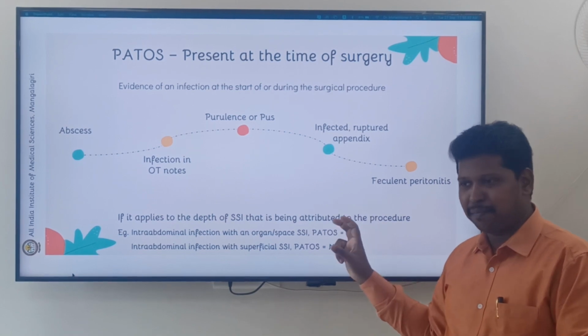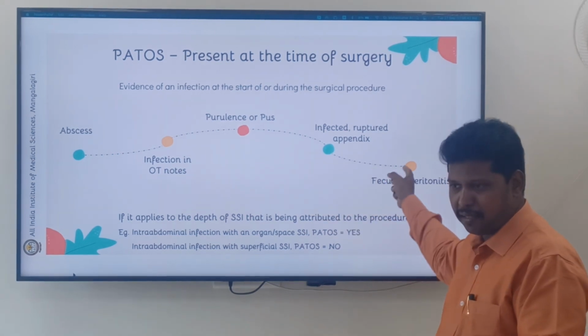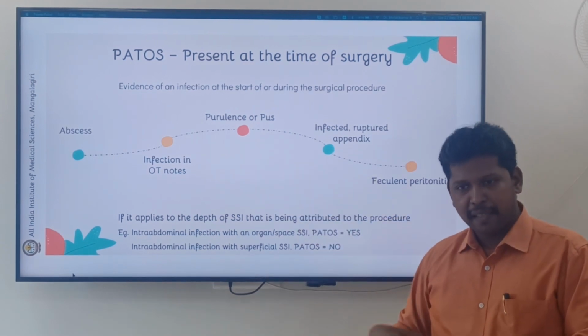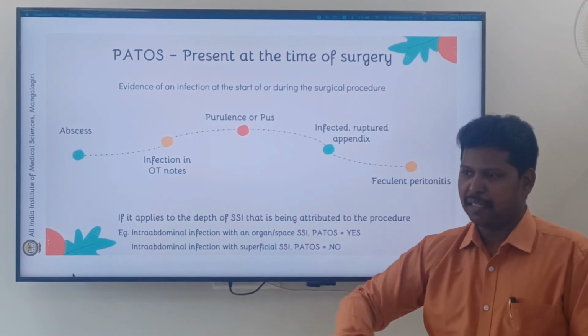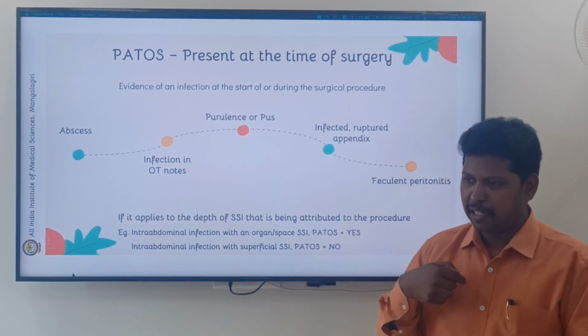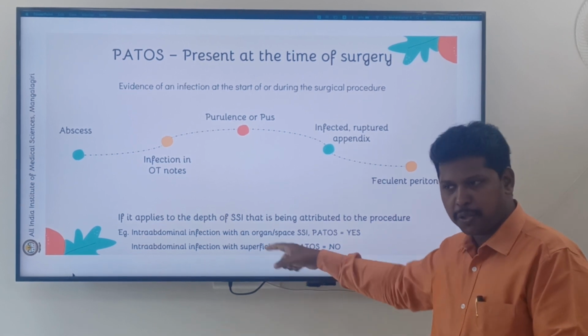Again, here we have to localize the site: at what site they have mentioned all these things, and at what site the SSI has happened. Say an intra-abdominal abscess in the deep space is documented in the surgical notes, but the surgical site infection happened at the superficial incisional site, at skin level. Then PATOS will be negative.